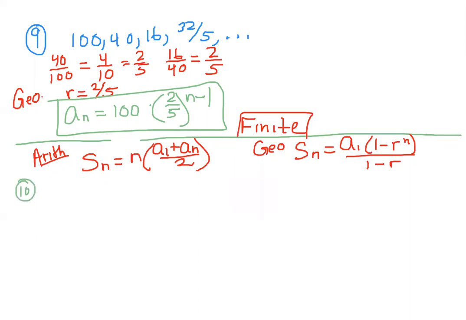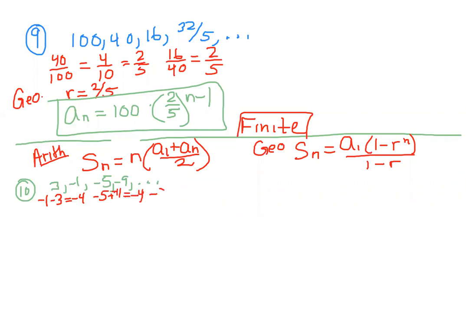Looking at number 10, do you think that might be arithmetic or geometric? I think it's probably arithmetic because it's pretty even there. So if we did -1 minus 3, we get -4. -5 minus -1, we get -4.